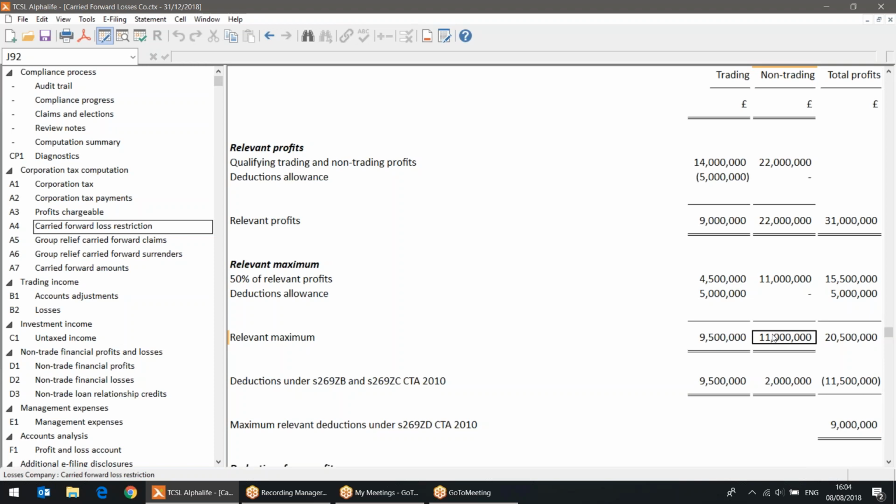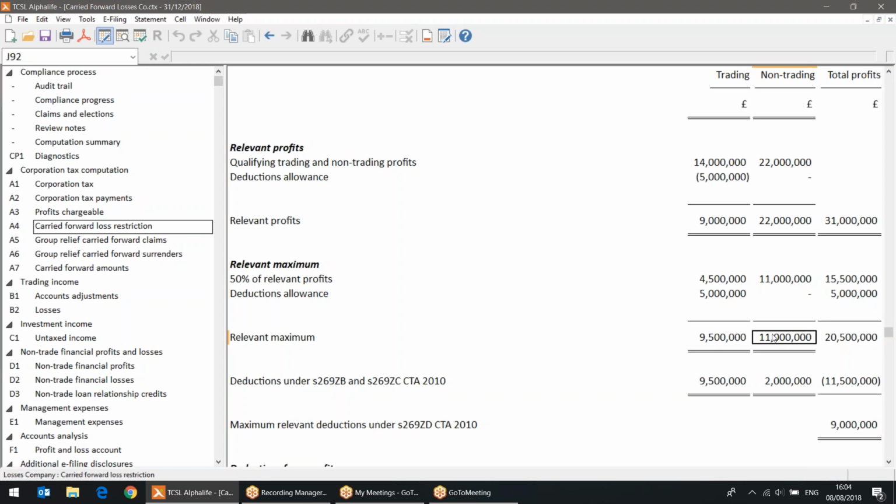The relevant maximum in your non-trading column already exceeds the losses available, and so allocating the deduction allowance here will not be beneficial. The allowance is therefore automatically allocated in full to the trading stream, where losses are higher, in order to increase the relevant maximum in that stream as far as possible.